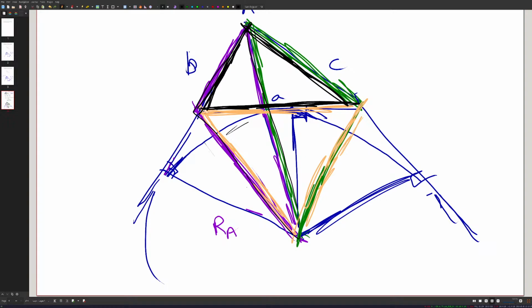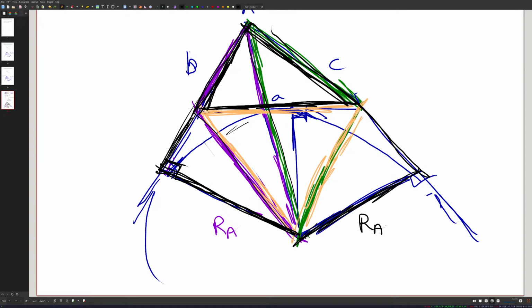And then the height is the line that's perpendicular to this side and goes through the other vertex. So it's this length over here, which is RA. And for this one as well, we're going to use this as the base, and the height is the line that's perpendicular to that side and goes through the other vertex, which is also RA. And then for the orange triangle, the height is RA.